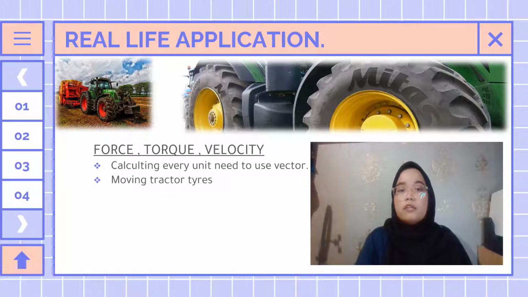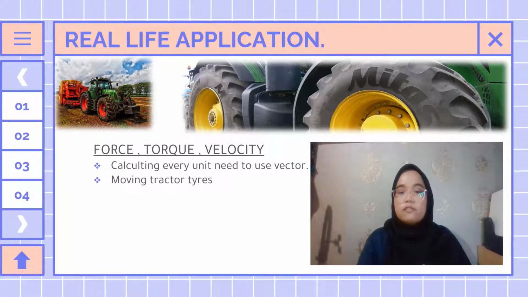So I will talk about real life application. In real life, the vector method is used in agriculture to calculate the force, torque, and velocity at the tractor tires. So it is for calculating every vectorial unit. So we use the vector method.